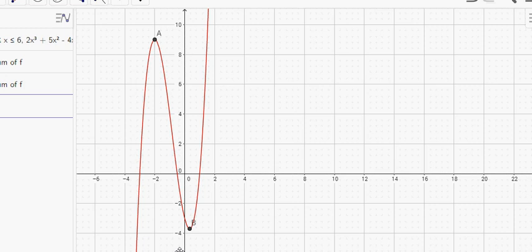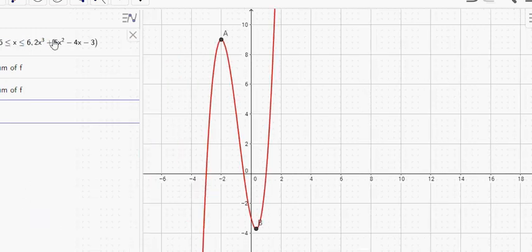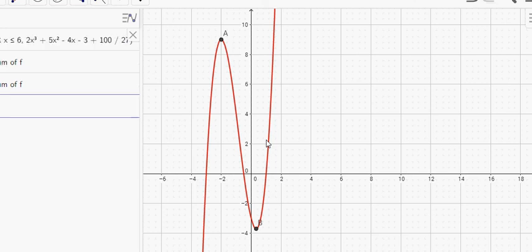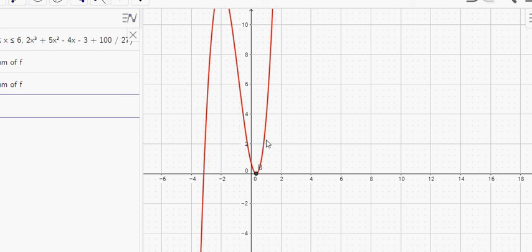So if I take my function here, I'll just key in here plus, let's say 100 divided by 27 and see what happens. So you can see what happened here. The entire graph moved up by roughly 3.7.